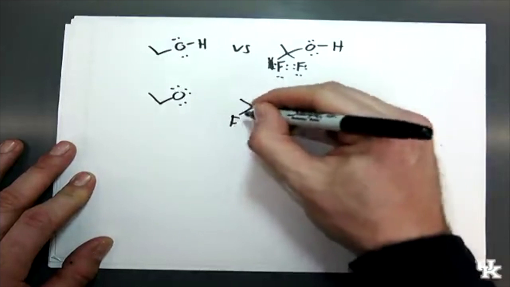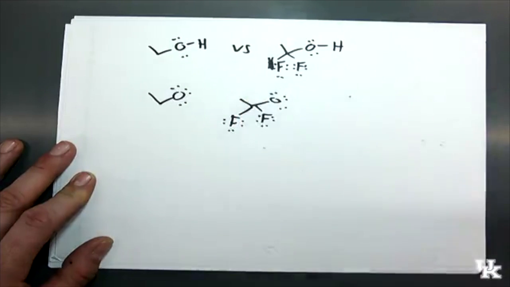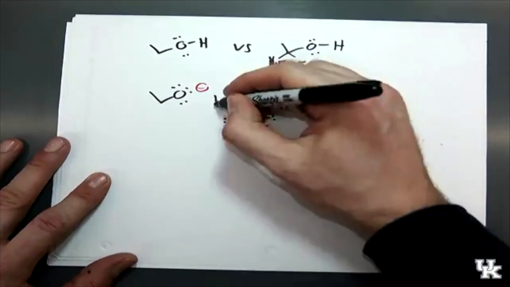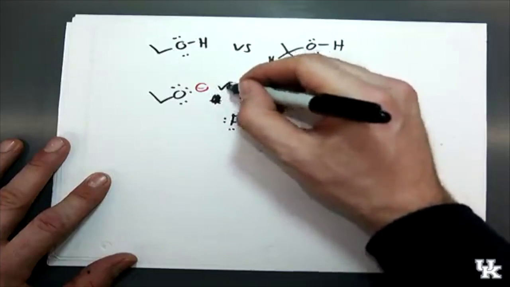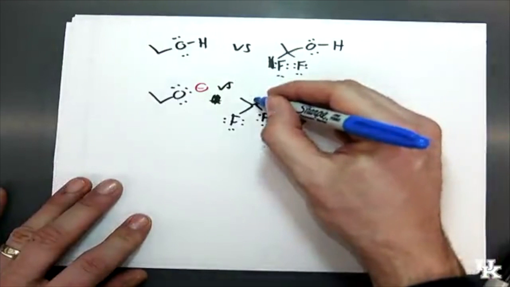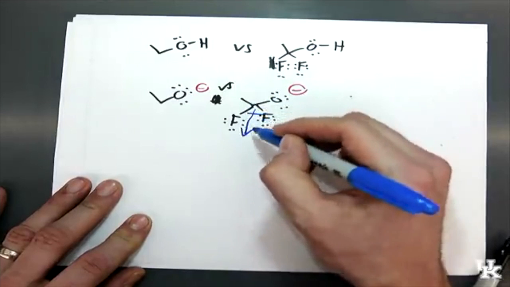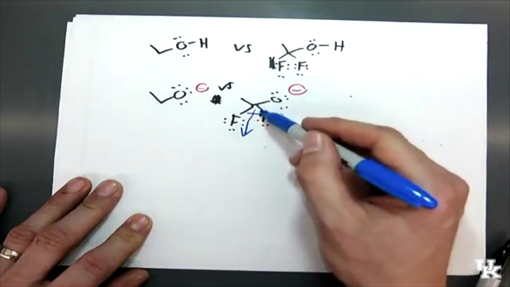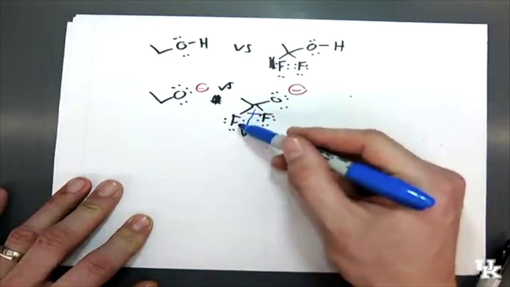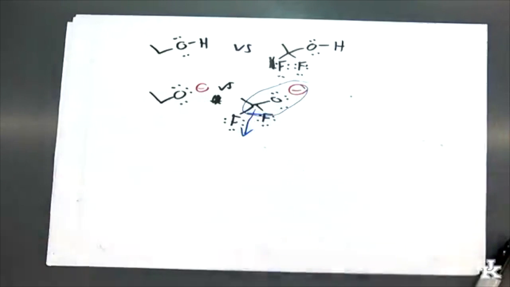There's fluorines, and these all have negative charges. Even though there isn't a resonance, there is a dipole from this carbon next to the fluorines that extends very strongly out. Because there's a dipole pointing away from the negative charge, it's going to stabilize the negative charge. Does that answer your question? Okay.